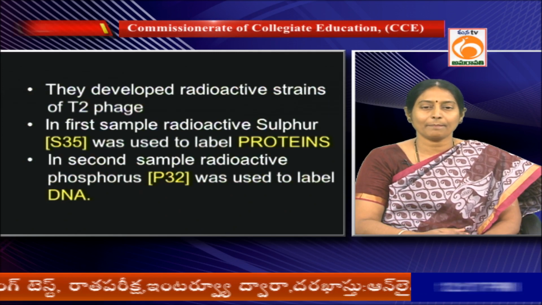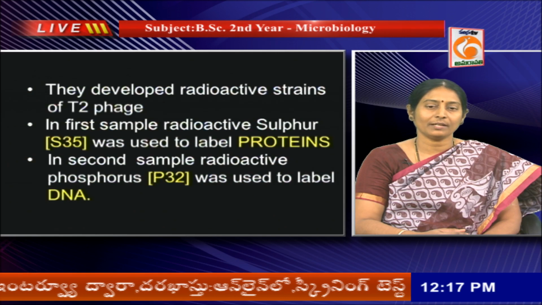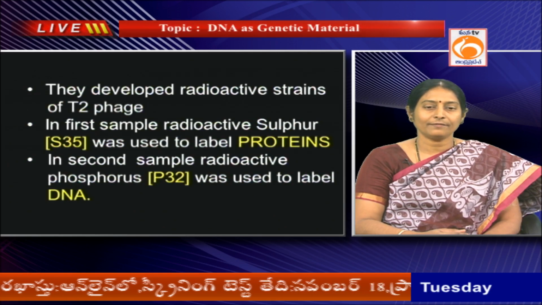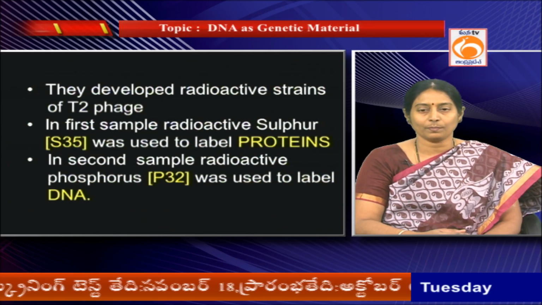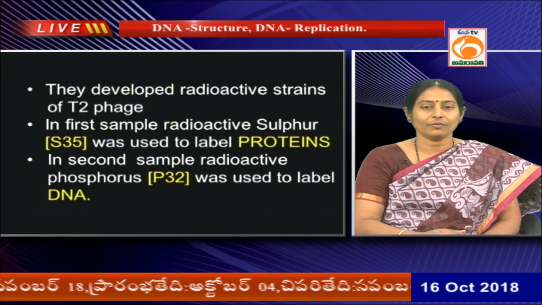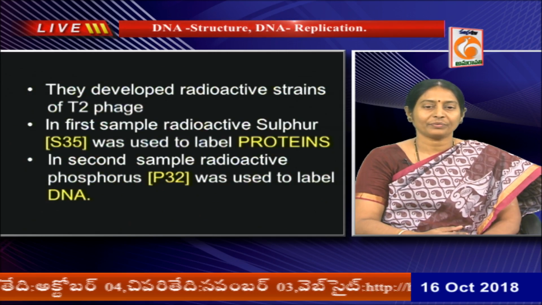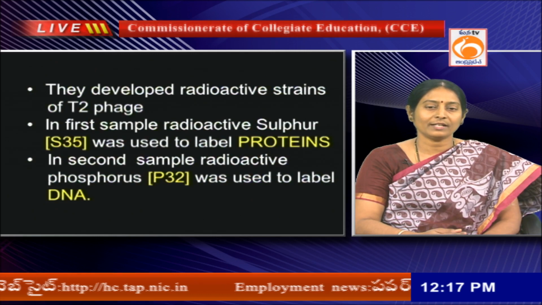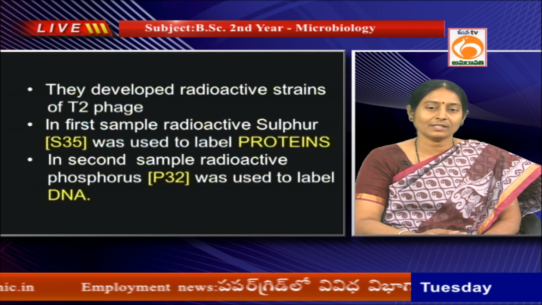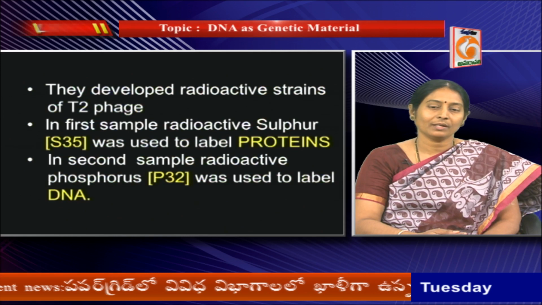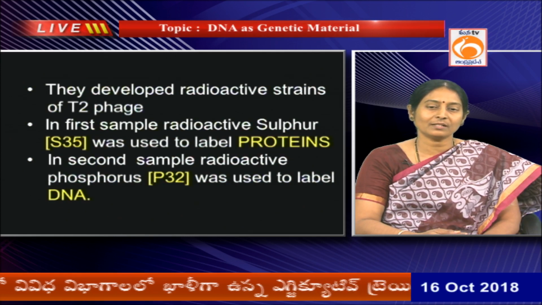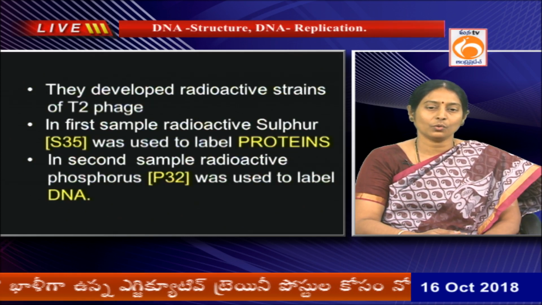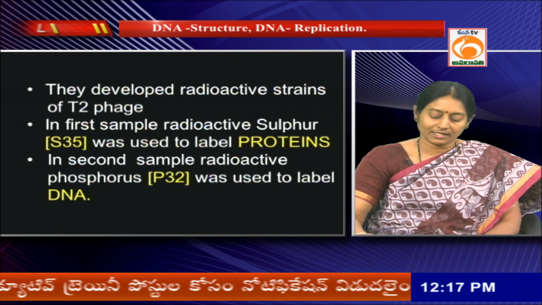In the first sample, T2 phages were grown in medium containing sulfur 35 radioisotope to label the proteins of viruses. In the second sample, the viruses were grown in medium containing phosphorus 32 radioisotope to label the DNA.